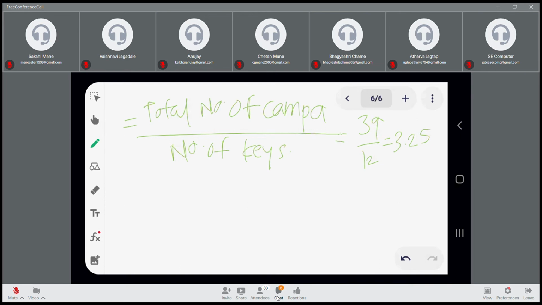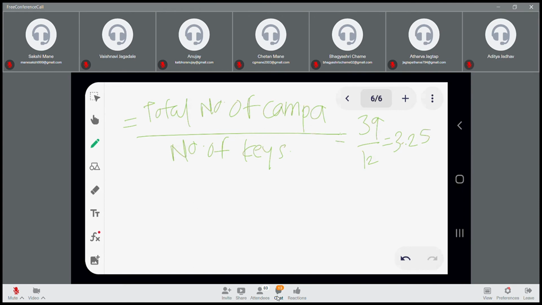So many people are writing 1.25 in the chat box. What is the issue? It's 3.25, no? Everyone has written 3.25, it is showing wrong for you? I see 3 and 25 in the chat box. Okay, fine. It's 3.25.